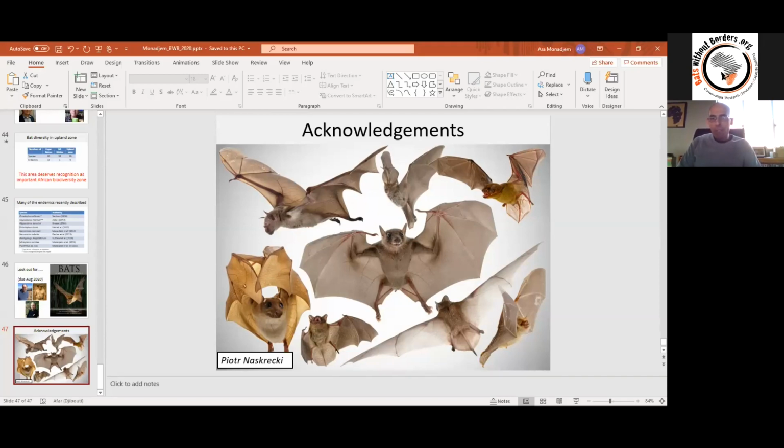But I think if you asked Peter Taylor or Lee Richards or any of the other bat people in South Africa, they'll tell you that we know pretty well the species identities of the bats in South Africa, maybe not as well as Europe or North America, but not far off, I suspect.